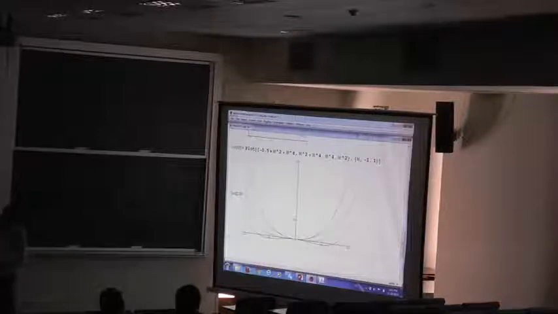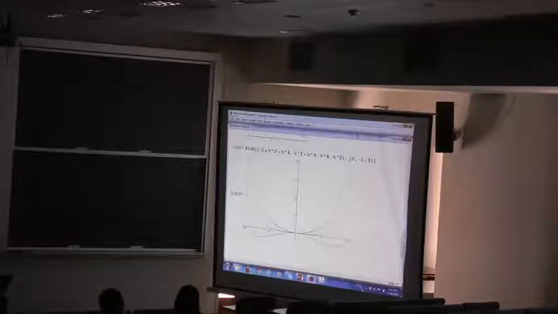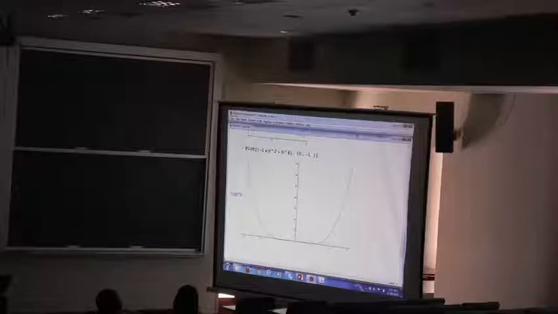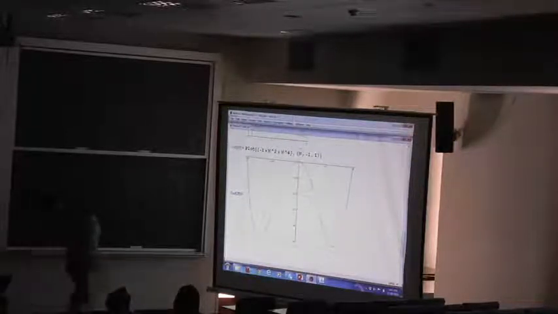If I make this even more negative, make this 1. Now I don't want to plot these, I just plot this. See, I can see this double potential well.